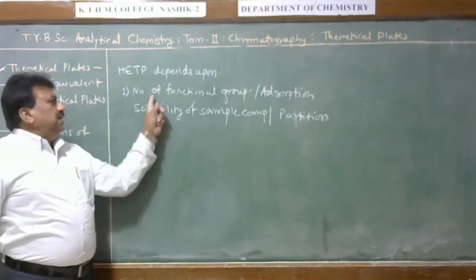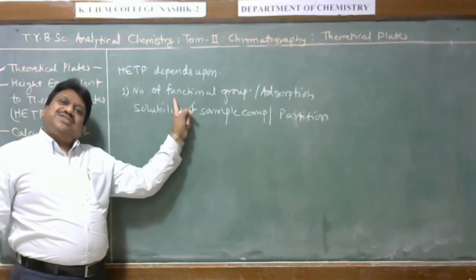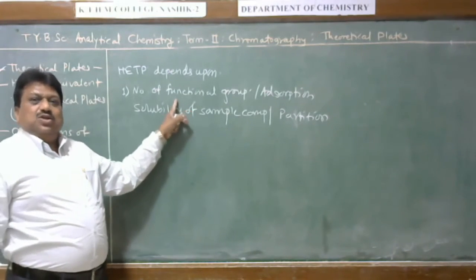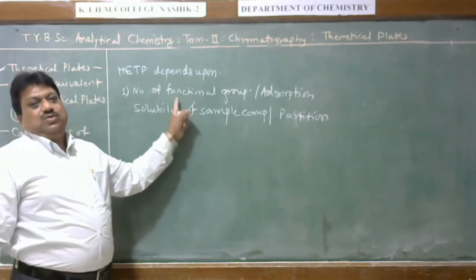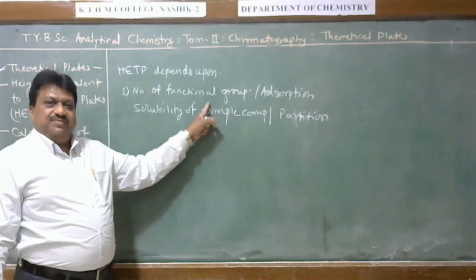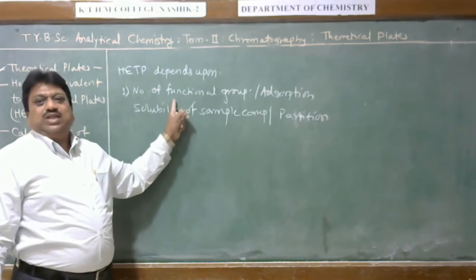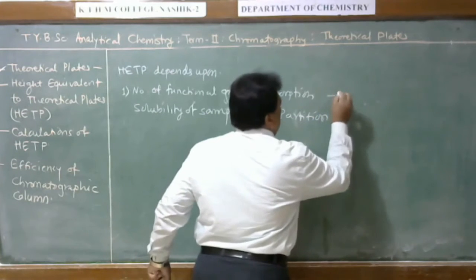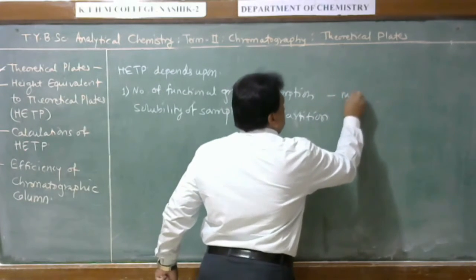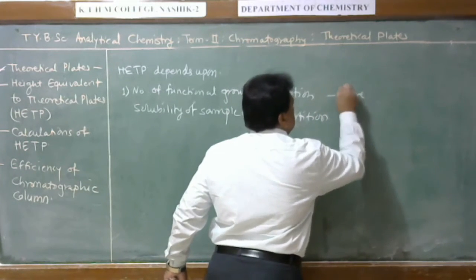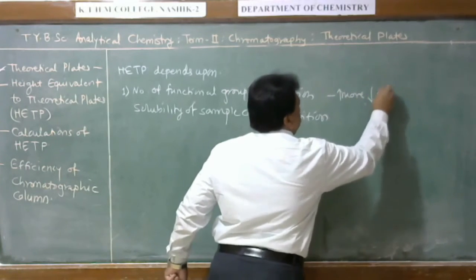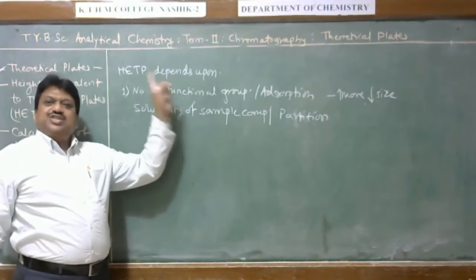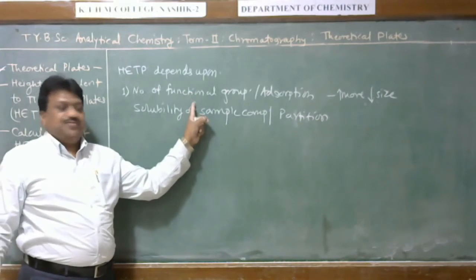That means here, if the number of functional groups on the stationary phase is more, then a smaller area is required to form a particular distribution equilibrium. In that case, height equivalent to theoretical plate is very small. Therefore, when the number of functional groups is more, the size is small, and the number of HETP in the column is more.